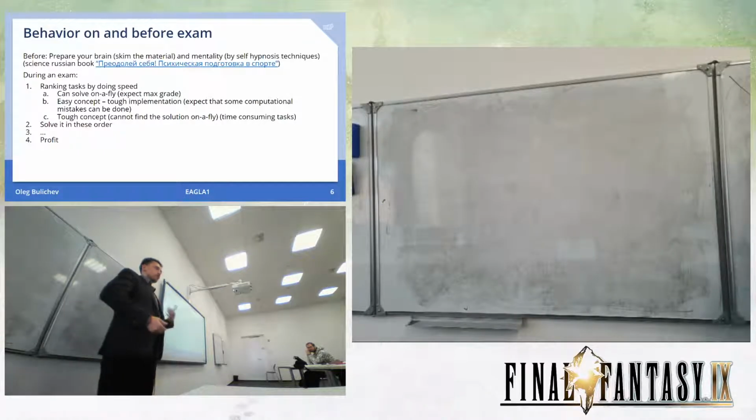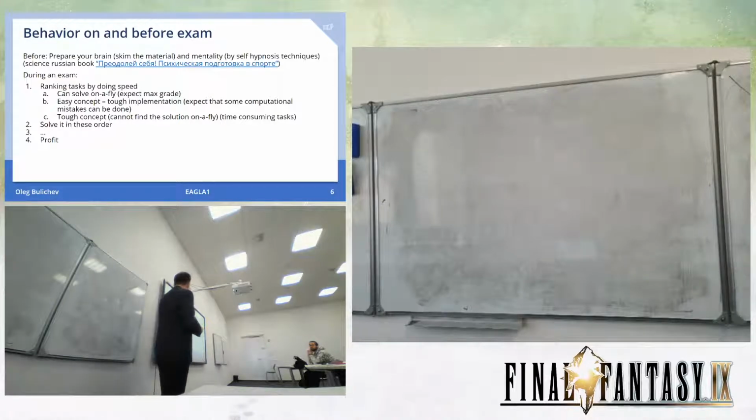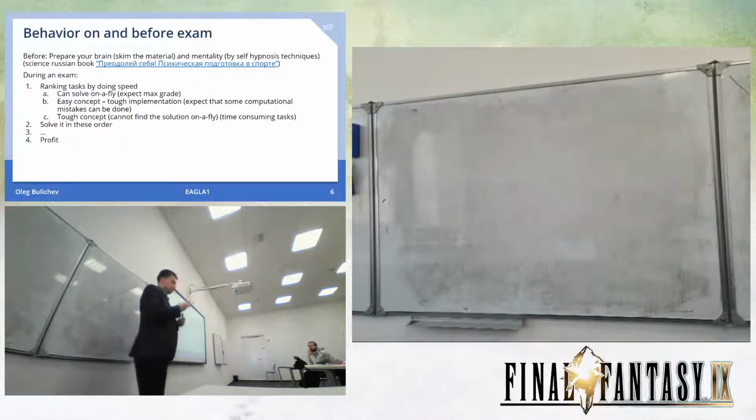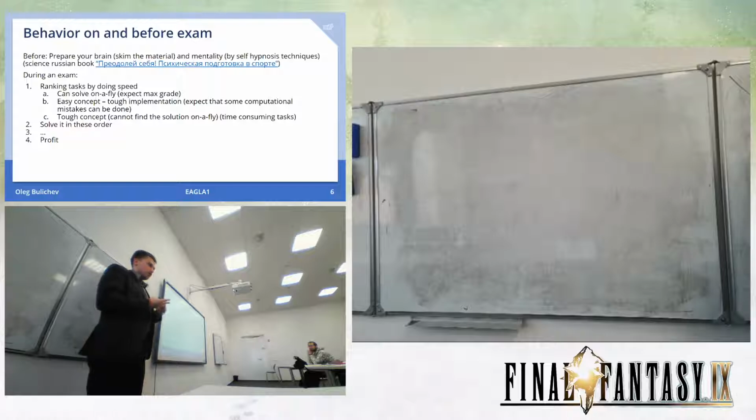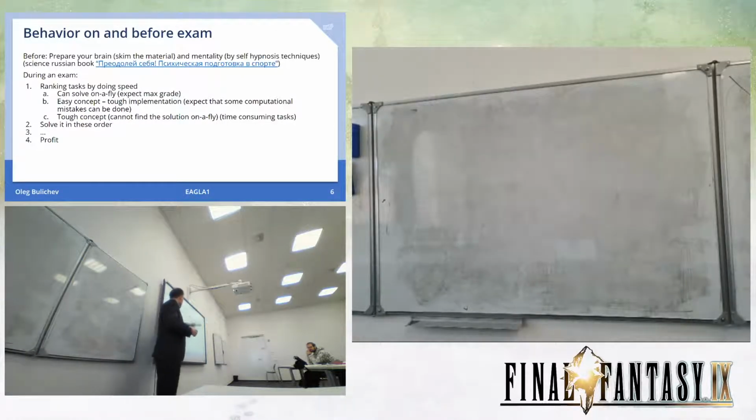Your body doesn't work as efficiently as it should. So for this, you need to prepare your brain. Actually, you need to prepare three types of your mentality. Mentality, brain, and one more, but I decided to drop it for you. If you want to know more, read the book.